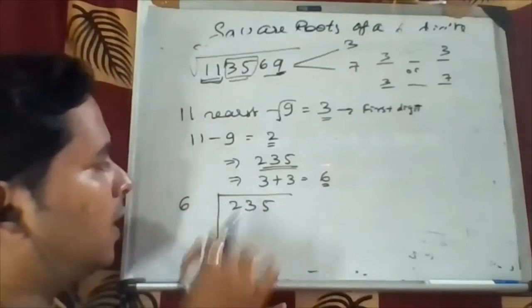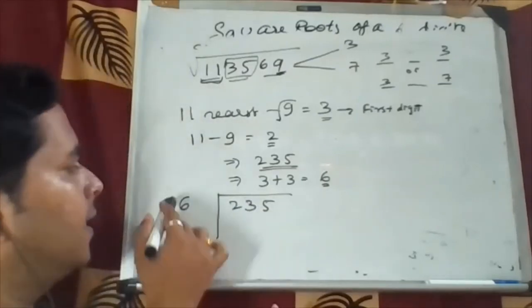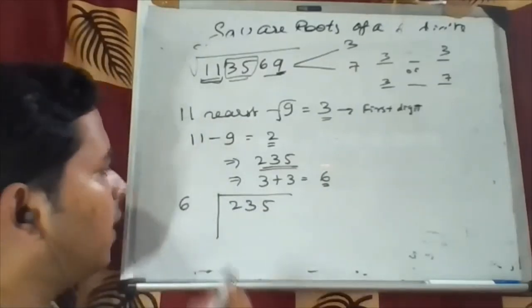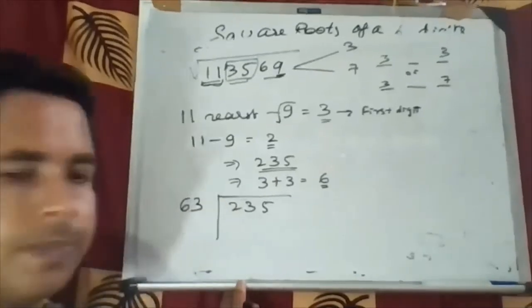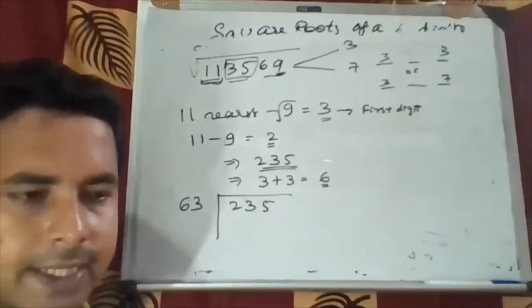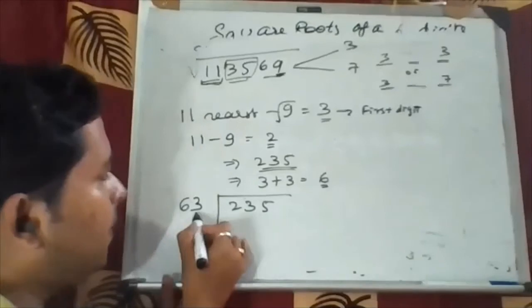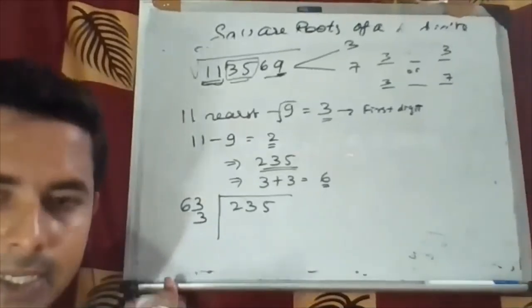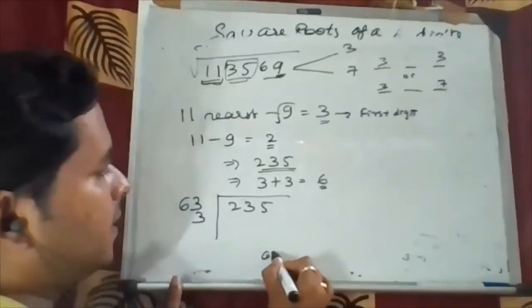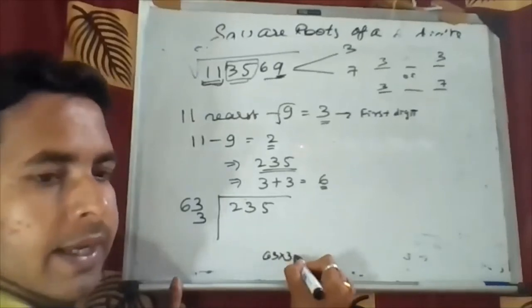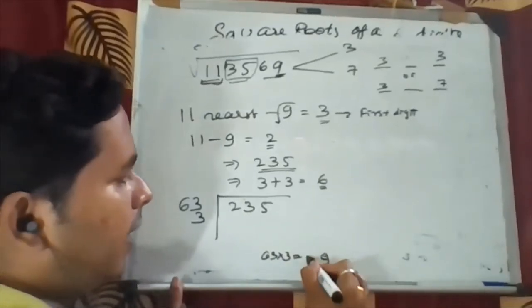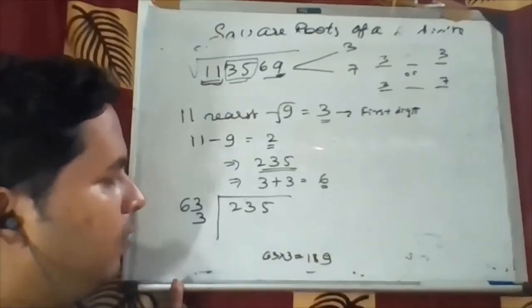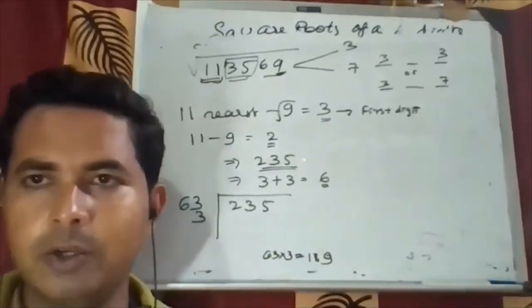So 235 के nearest 6 के साथ कैसे होता है? If I take 63 as a number and multiply 63 with 3, I'll get 189, which is smaller than 235.